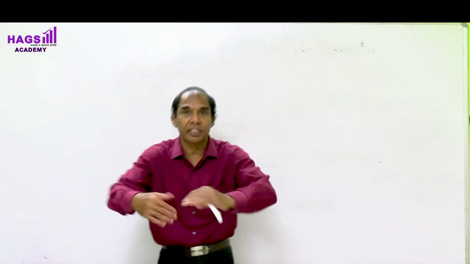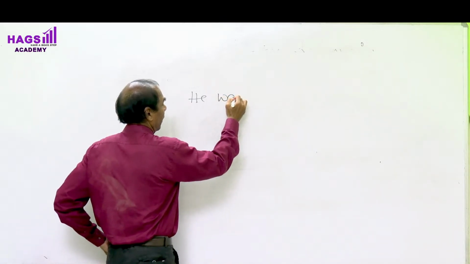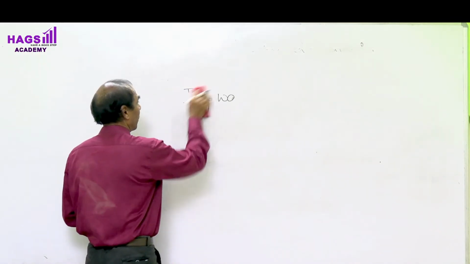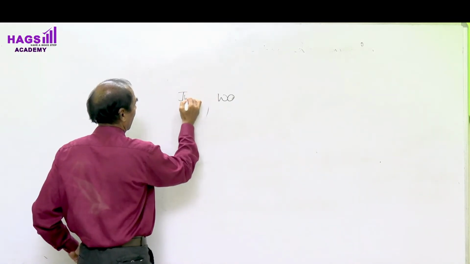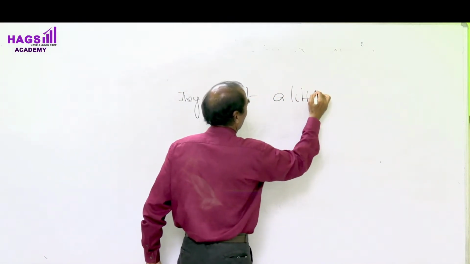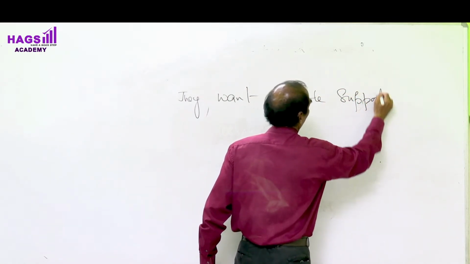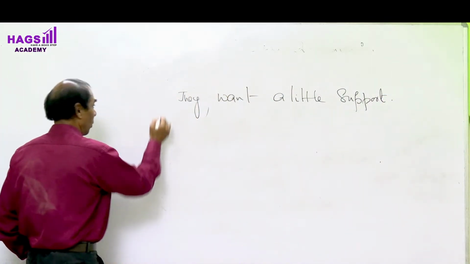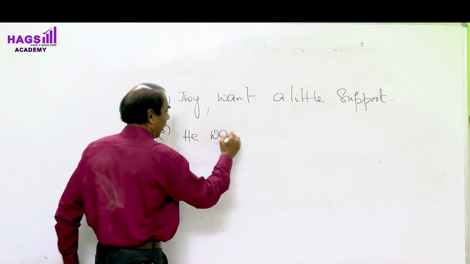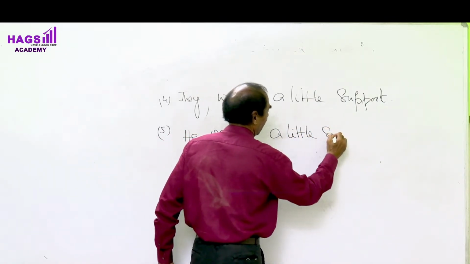See, let us practice some more sentences, right? Look at the board. They want a little support. Okay, fourth, fifth. He wants a little support.